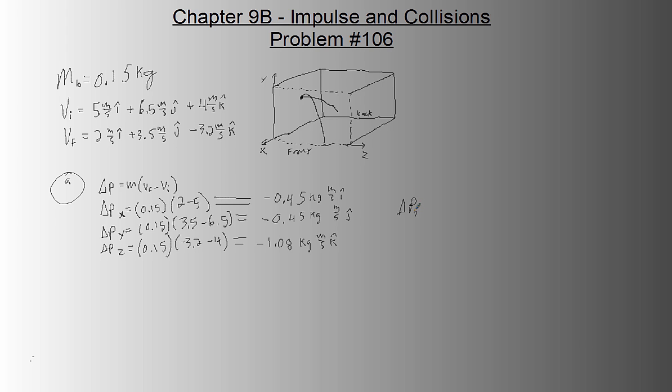Delta P total is the square root of delta Px squared plus delta Py squared plus delta Pz squared, so negative 0.45 squared plus negative 0.45 squared plus negative 1.08 squared, and that equals 1.254 kilogram meter per second at some angle, which I won't bother doing.